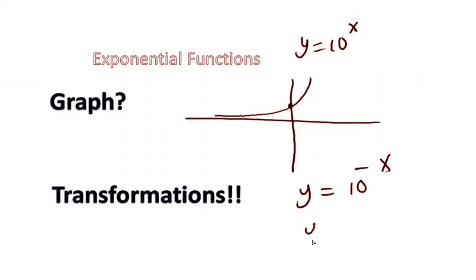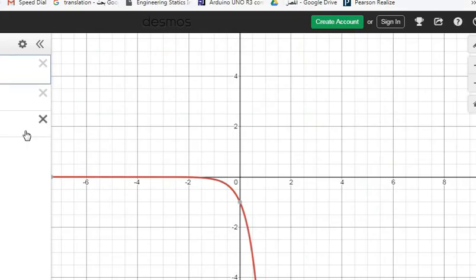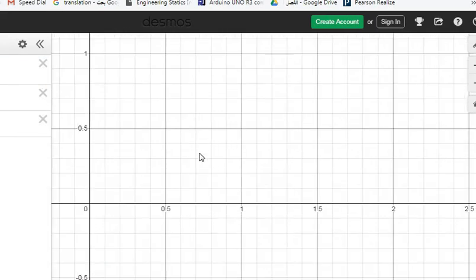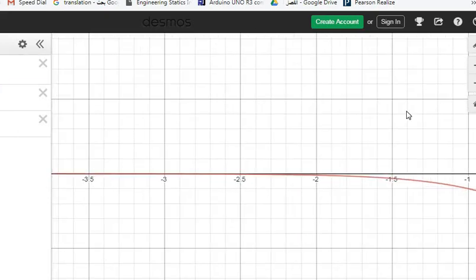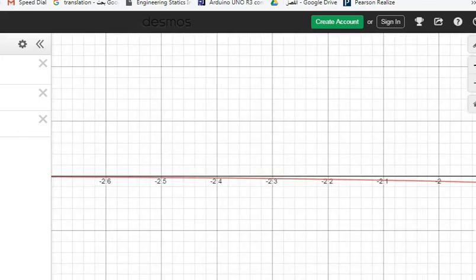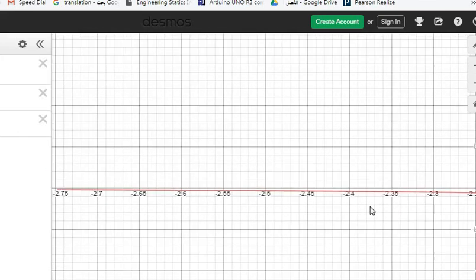Now let's see the graph of y equals negative 10 to the power of x. This is the graph of negative 10 to the power of x. Again, it approaches 0, but it does not intersect the x-axis at any point.